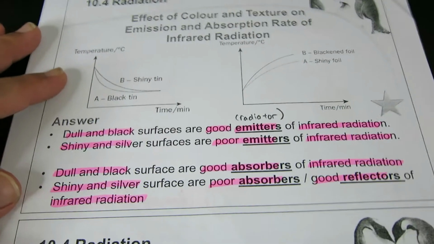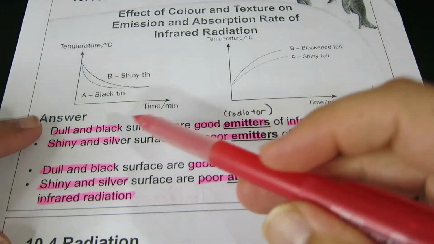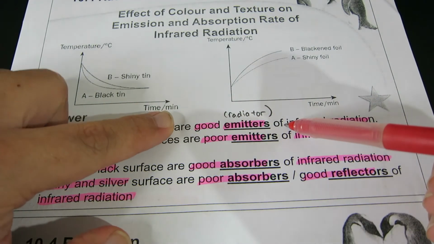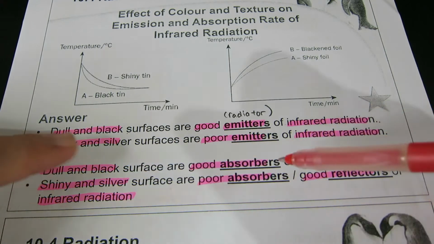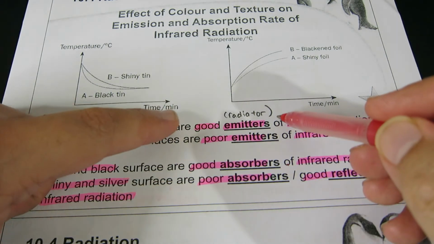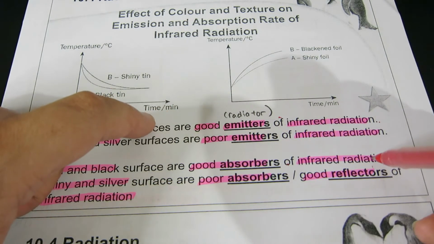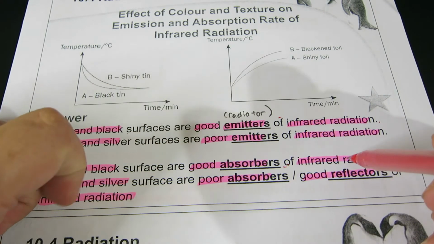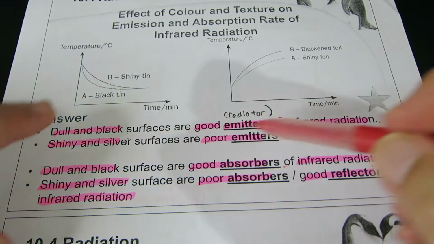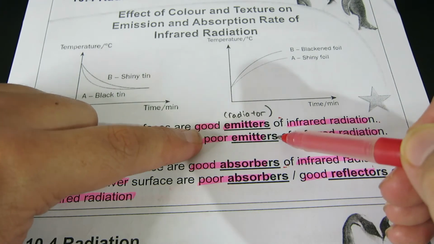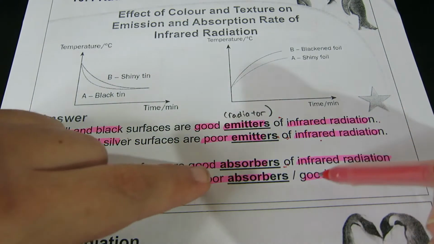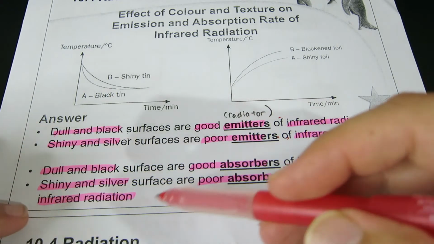So these are the few terms that you will need to memorize, and I already highlighted this. Dull black surfaces are good emitters or radiators of infrared radiation, but at the same time they are also good absorbers. Shiny and silver surfaces are poor emitters, meaning they give out infrared radiation very slowly, and they also absorb infrared radiation very slowly.